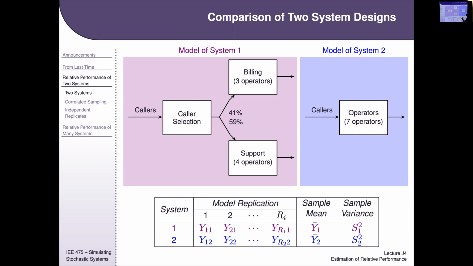Then here you have specially trained billing operators just to do billing. Here you have specially trained support operators just to do support. We primarily get support calls, not billing calls. That's why we have 4 operators instead of 3. But you might look at this and say, but the utilization of my billing operators is still pretty low because these billing calls are much shorter than these support calls.